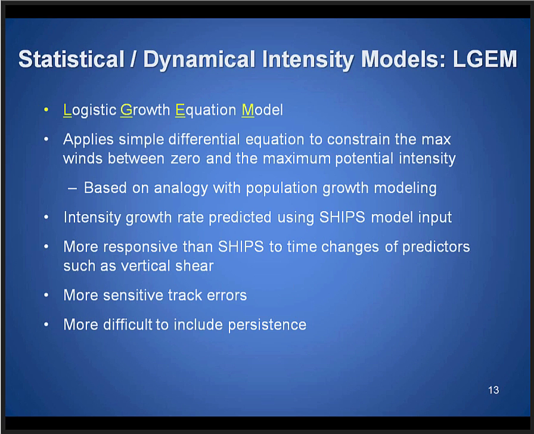And so it's a differential equation constraining the max winds somewhere between zero, dissipated, and the maximum potential intensity possible, dictated by the sea surface temperatures. And so it does a little better at longer time periods than SHIPS. But it's more sensitive to track errors, and it's a little more difficult to include persistence. That is, is it getting stronger now or not?